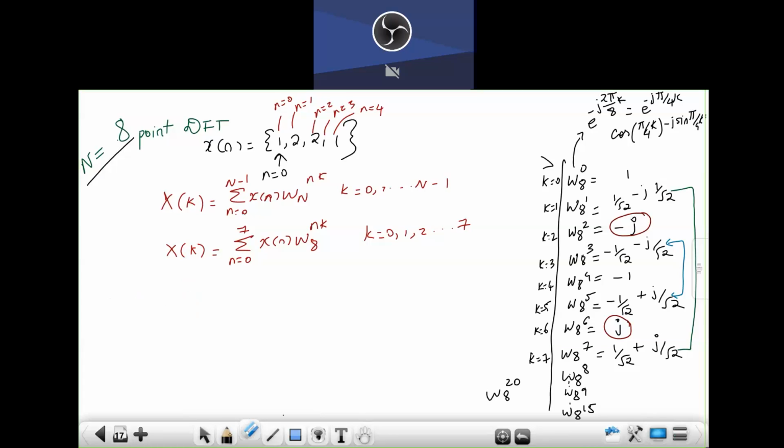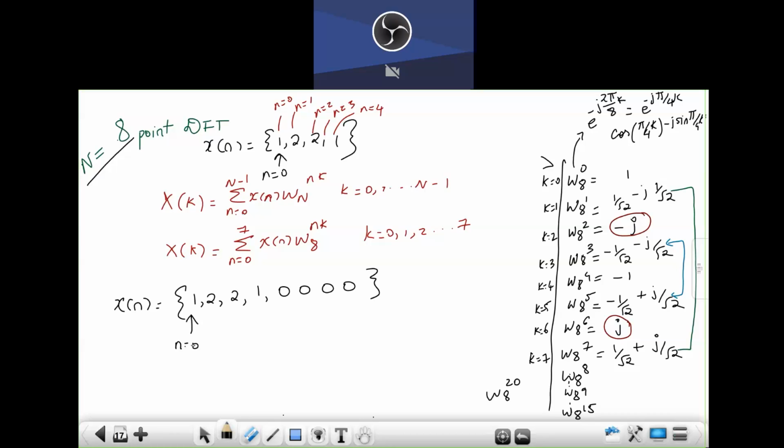You will do zero padding, wherein your x of n equal to 1, 2, 2, 1, you will add 4 more zeros here. So here this is n equal to 0, 1, 2, 3, 4, 5, 6, 7.